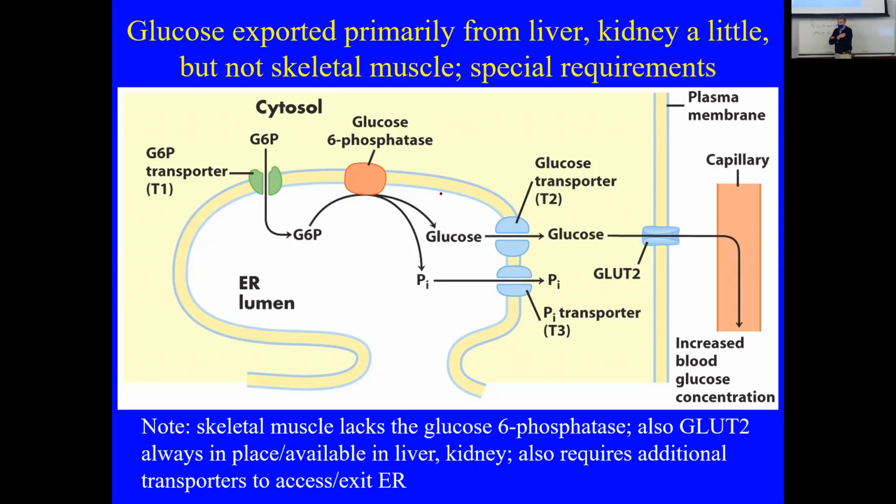If we lose any one of these, we are unable to survive. Now, it turns out that the export of glucose ends up being a very complicated process, as diagrammed in this slide.